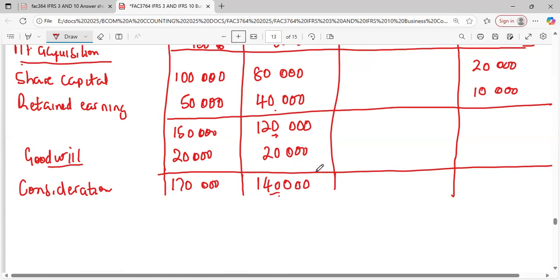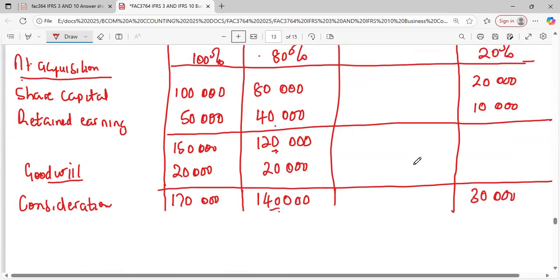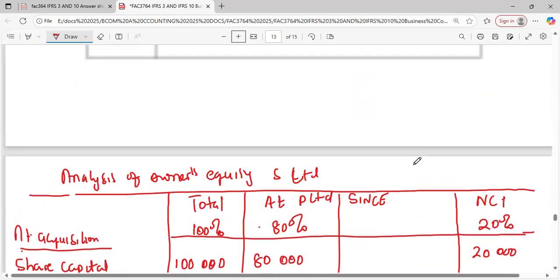So it means we paid more than the value of equity, which means there was a goodwill in this price of 140,000. That's what it means here. And so here we're going to have 30,000, right? Then you look at here.